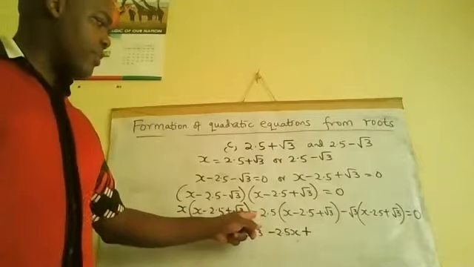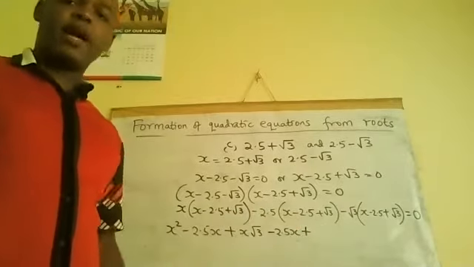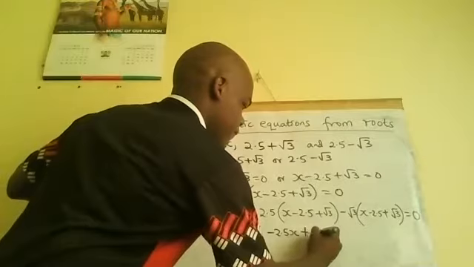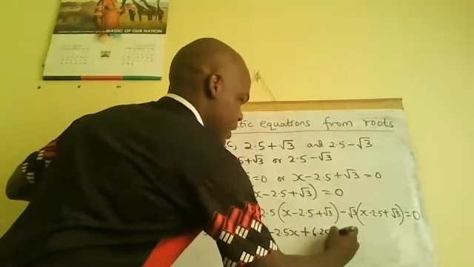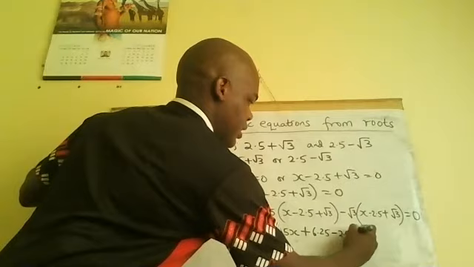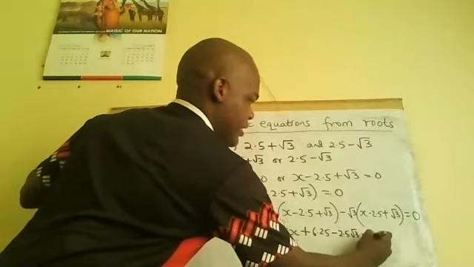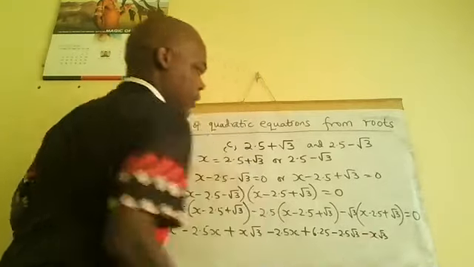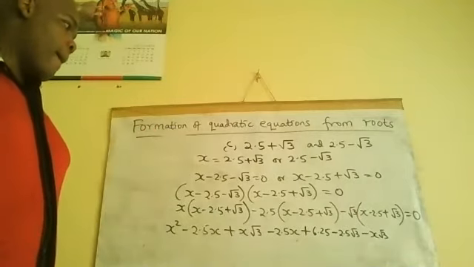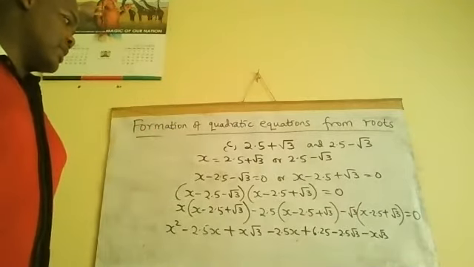So just note that minus and minus changes to plus. So this is 6.25 minus 2.5 root 3 minus x square root of 3 minus x square root of 3 plus.